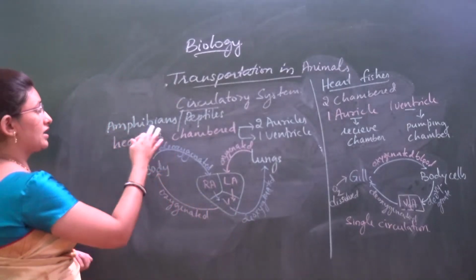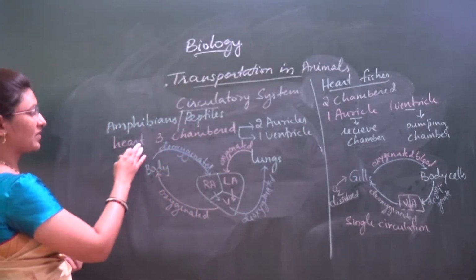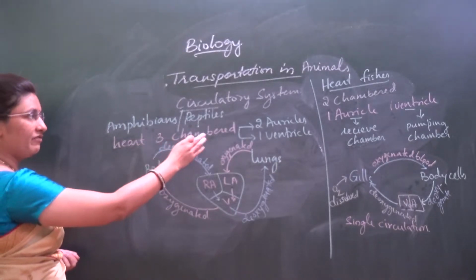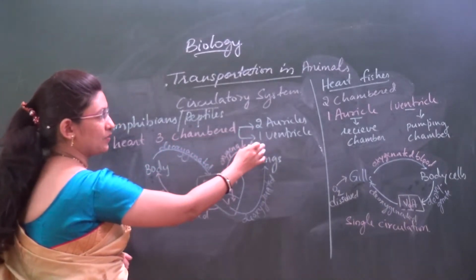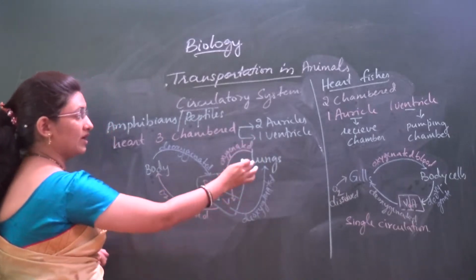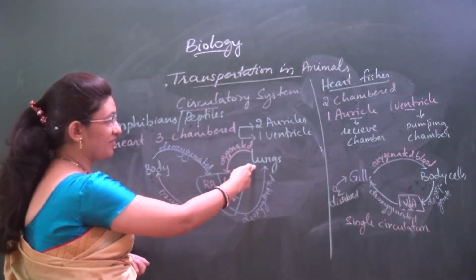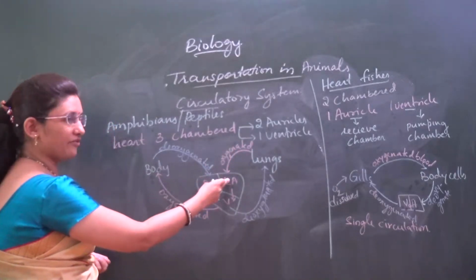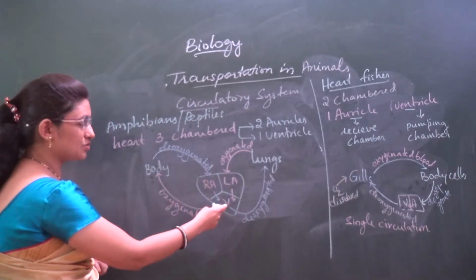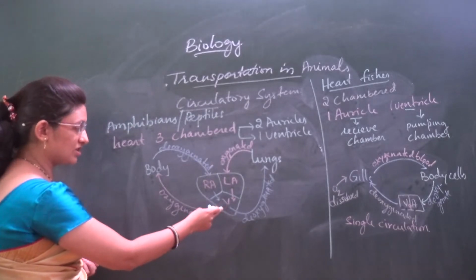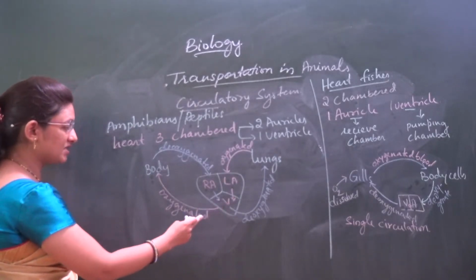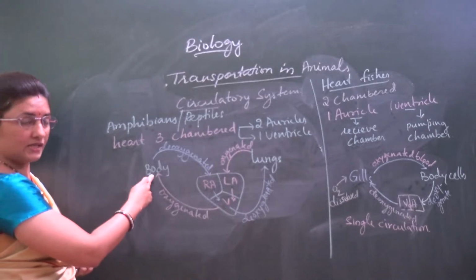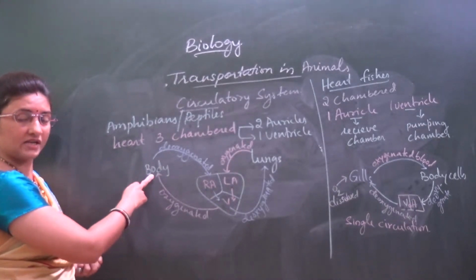Got it? In case of amphibians and reptiles, the heart is three-chambered, in which two are auricles and one is ventricle. Lungs are the respiratory organs. From the lungs, the oxygenated blood enters into the left auricle and flows into the ventricle. Oxygenated blood from the ventricle is taken up to the body cells. Cellular activities are carried out.